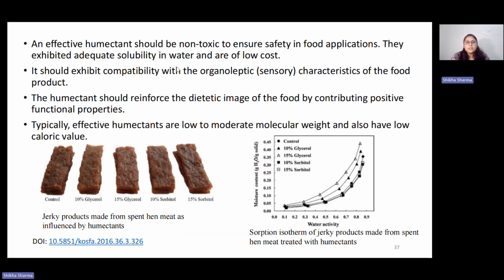An effective humectant should be non-toxic to ensure safety in food applications, exhibit adequate solubility in water, and be of low cost.